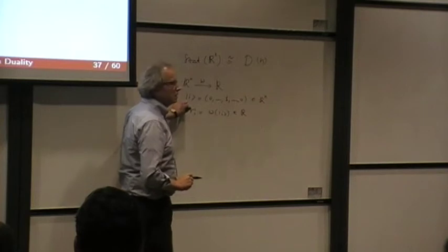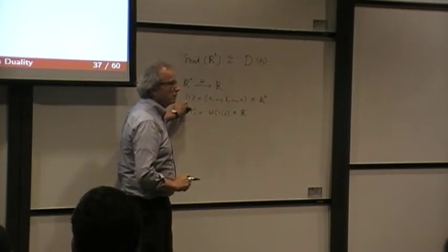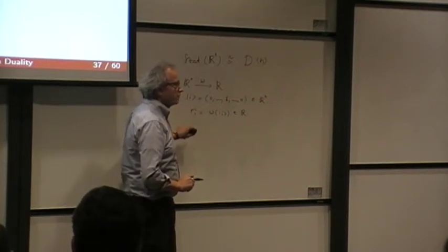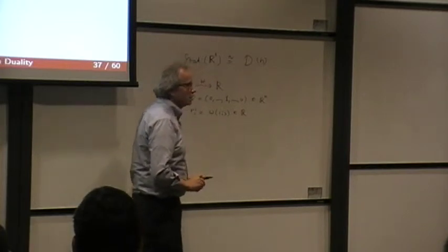Now this e_i is a positive vector, omega is a positive functional, so this will be a positive number.